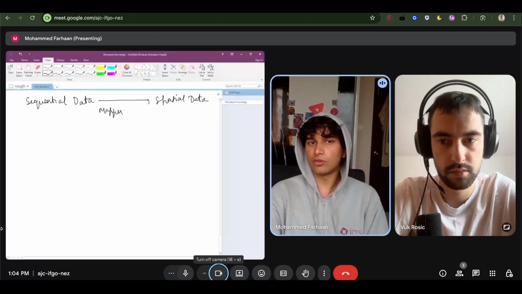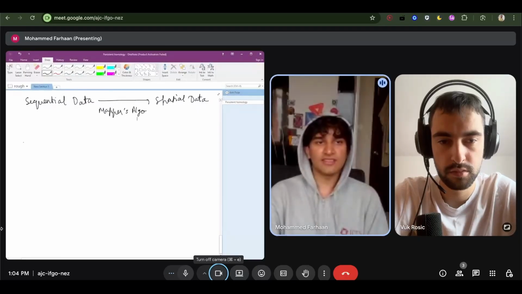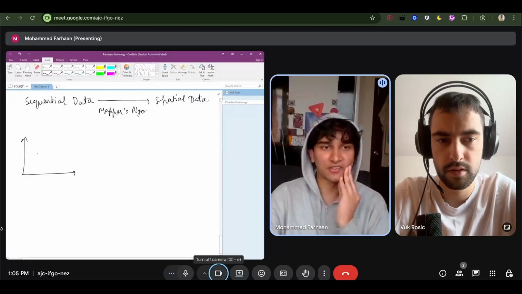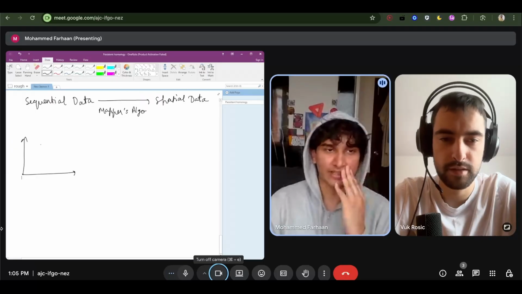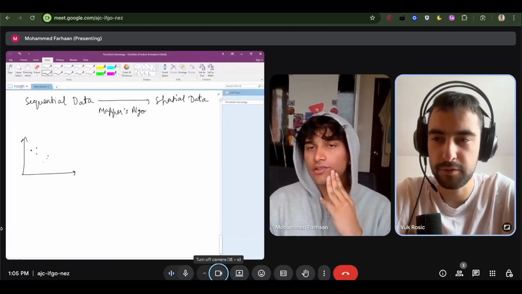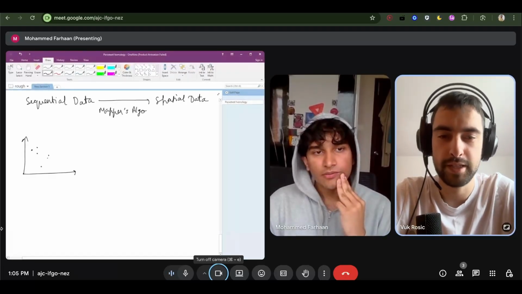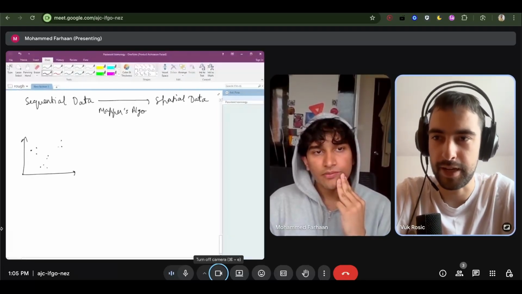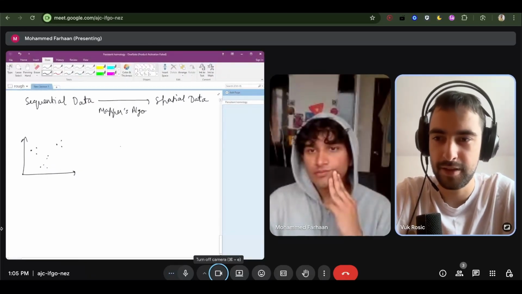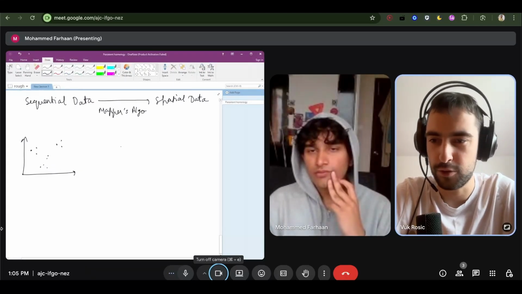I'm not sure how to apply it in this sense though, because Mapper's algorithm already works on spatial data. I'm not sure how these papers have applied it to sequential or time series data. But we can easily convert tokens or bytes into spatial data just by replacing each token or byte with some number, and then grouping two and drawing on a coordinate system.